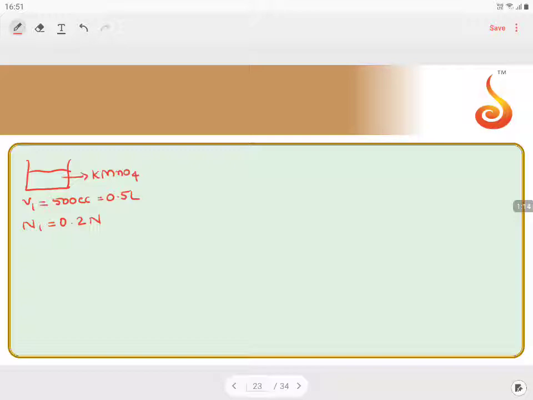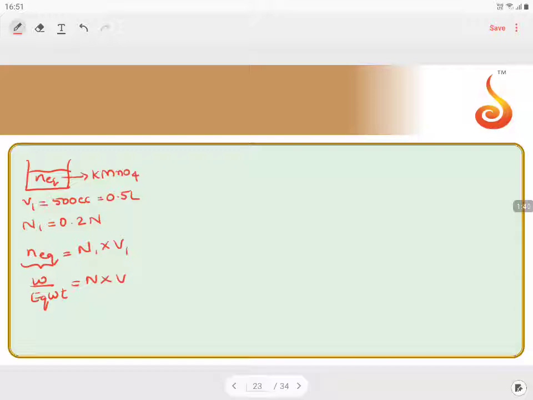Now we need to find the number of equivalents, because from that we get the mass of the substance. The number of equivalents is equal to normality into volume. But the number of equivalents can also be written as weight by equivalent weight, which is equal to normality into volume.